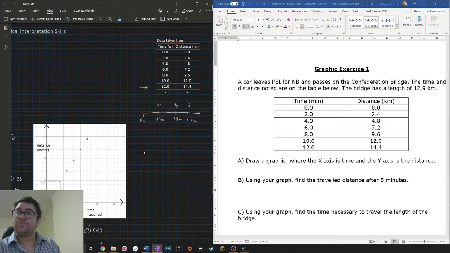I don't know how to make a straight line with it. Kind of good. That'll be good for now. Arrows, zeros.